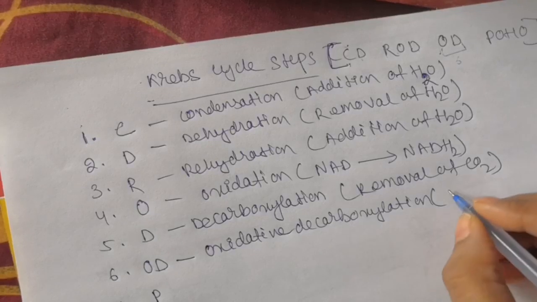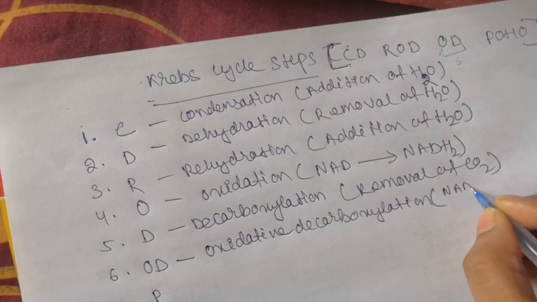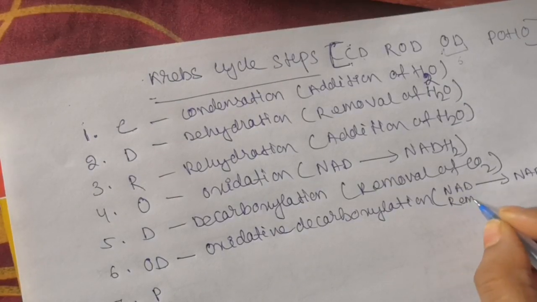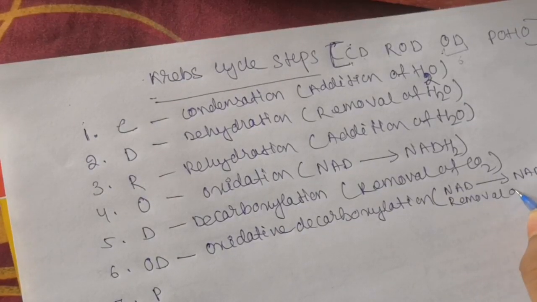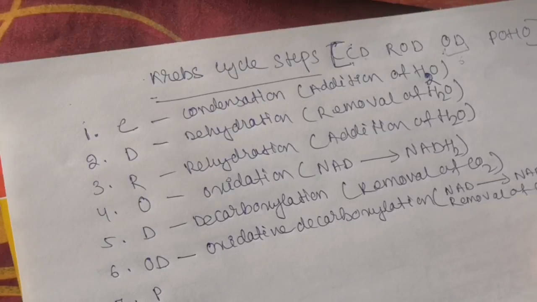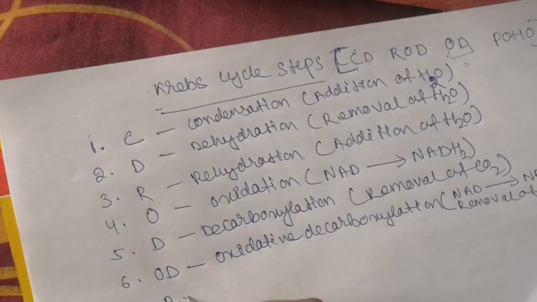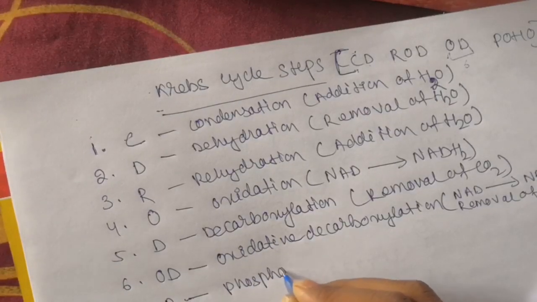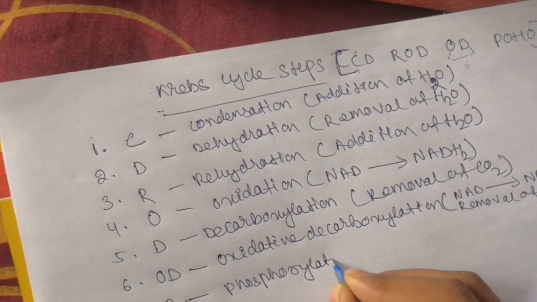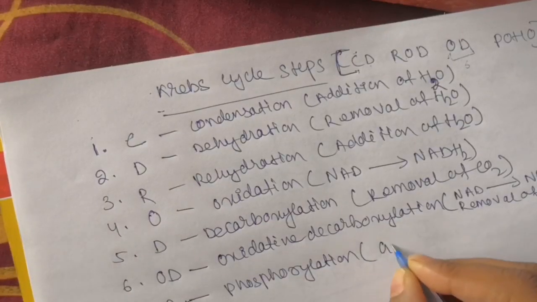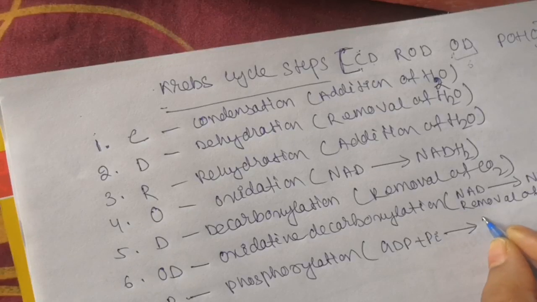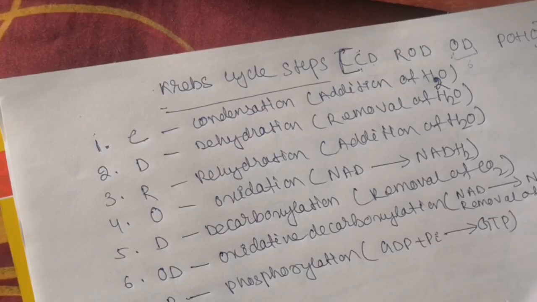That means, for example, NAD to NADH2, with removal of carbon dioxide. Then P is for phosphorylation, which means GDP plus Pi converted to GTP.